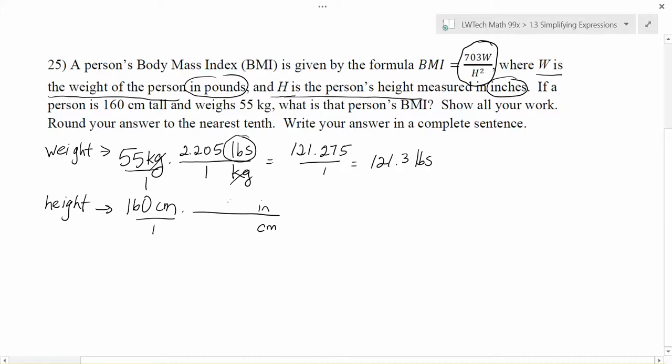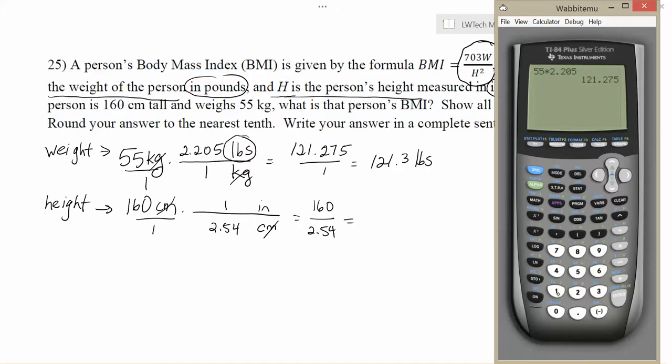We know that 1 inch is equal to 2.54 centimeters. That gets the centimeters to cancel. Multiplying across, I get 160 on the top and 2.54 on the bottom, and then I just need to do that division.